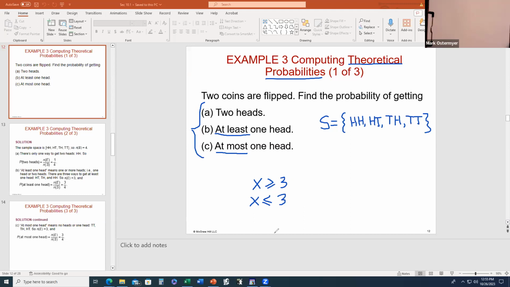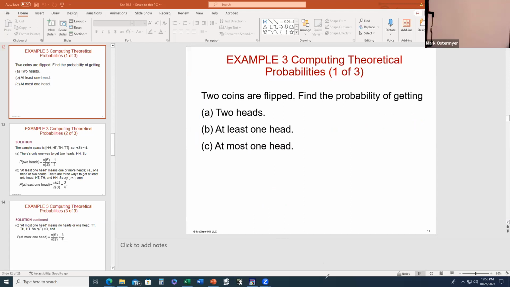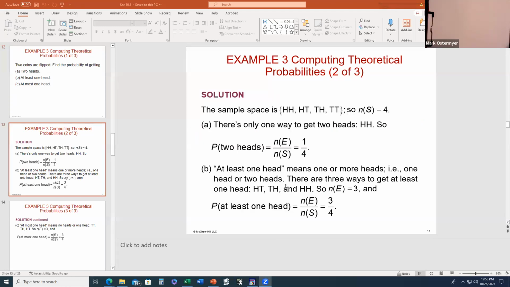Okay. All right, let's see if we can compute these probabilities here. Let's see if we had any success using our theoretical probability model, if you will. What's the probability of tossing 2 heads when we toss 2 coins? Well, the sample space, again, is the set consisting of all the outcomes: head-head, head-tail, tail-head, tail-tail.